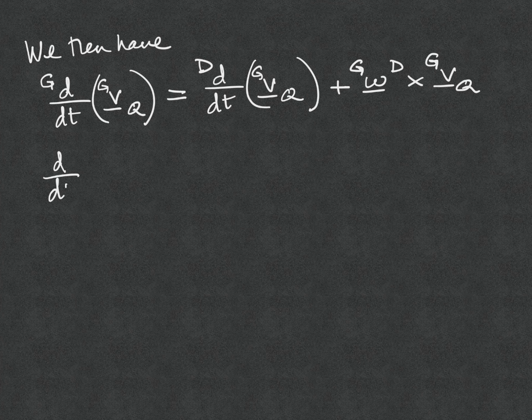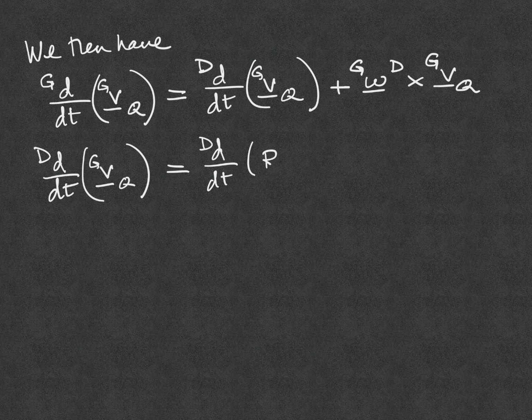D dt in D of the velocity of point Q in G. Well, we recall that the velocity of point Q in G is equal to r theta dot u theta.